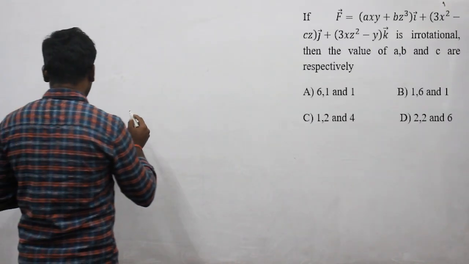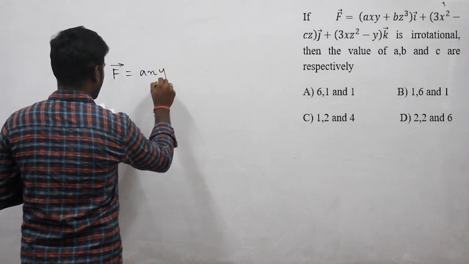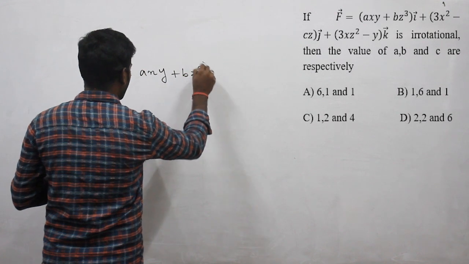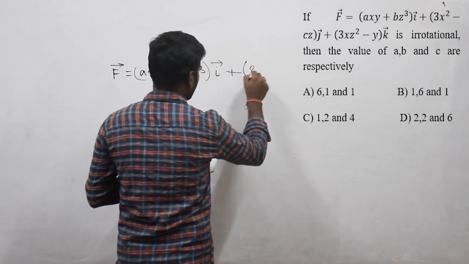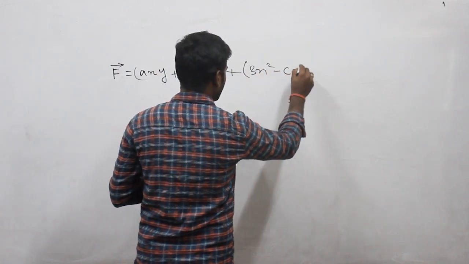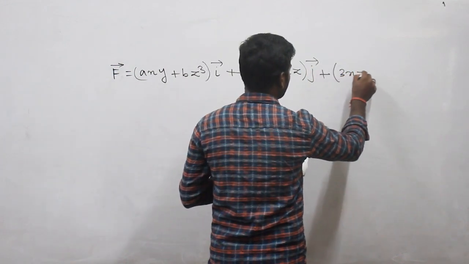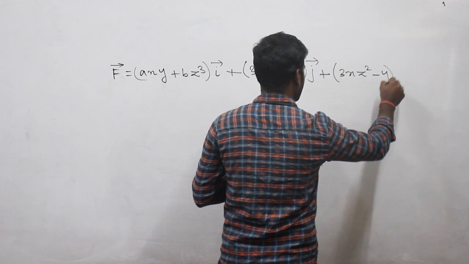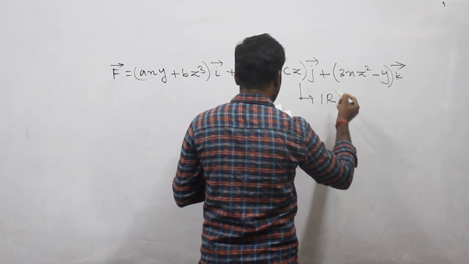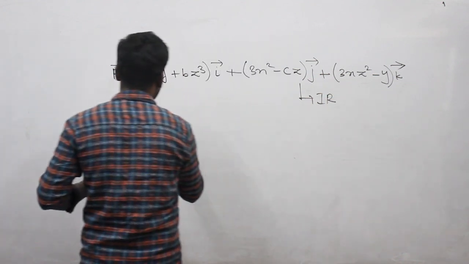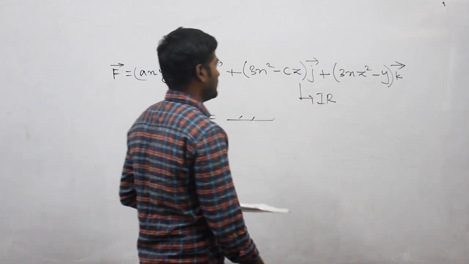Solution of the 12th question. If F vector equals (axy plus bz cubed) i vector plus (3x squared minus cz) j vector plus (3xz squared minus y) k vector, and they are saying this vector is irrotational, then find a, b, c. They are asking for the values of a, b, c.